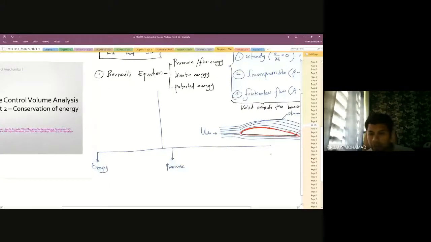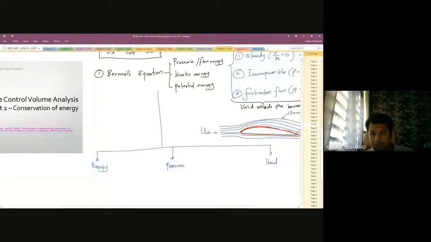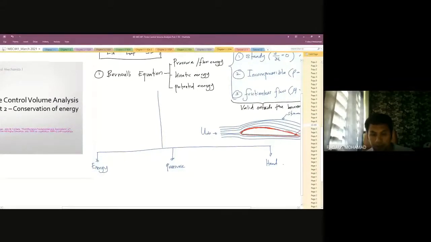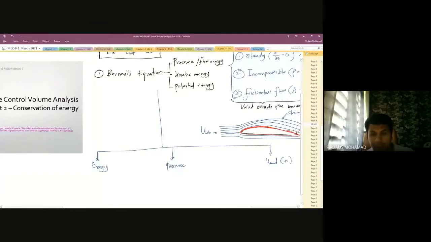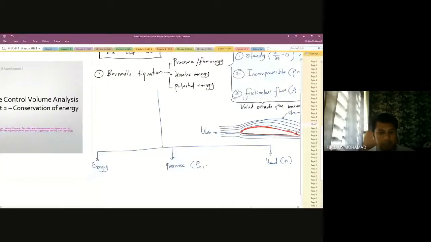Okay, so head, the unit is length, which is meter. Pressure unit must be pressure unit lah, Pascal ataupun atm, bar. So that is pressure, and then energy can be described in terms of kilojoule per kilogram. Okay, so there is the energy, pressure, and head.